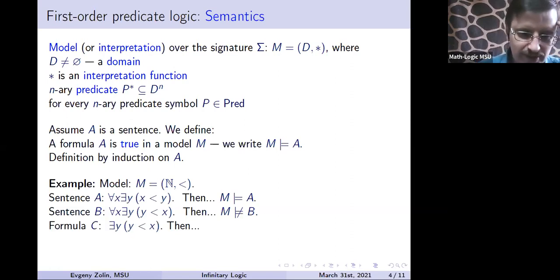Is this formula true? There exists y less than x.